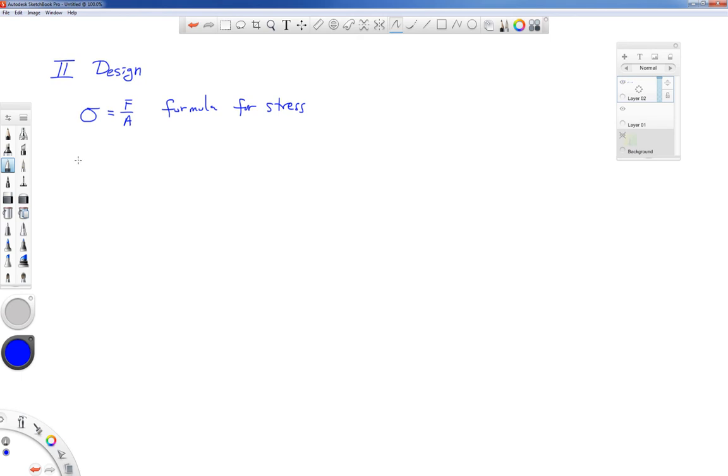But to turn this into a design problem, we can say suppose we want to find the diameter of a bar, if it's under axial loading so that it does not yield, if the force is 10,000 pounds and the yield stress is 50 ksi.